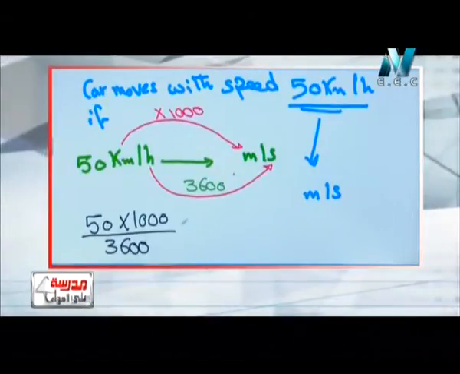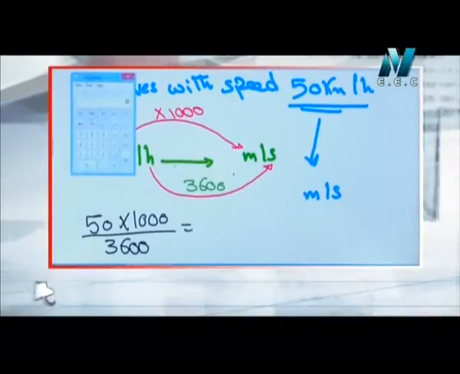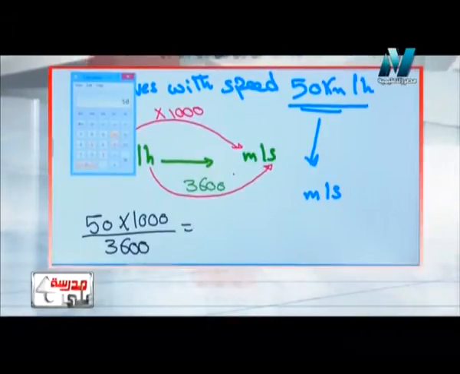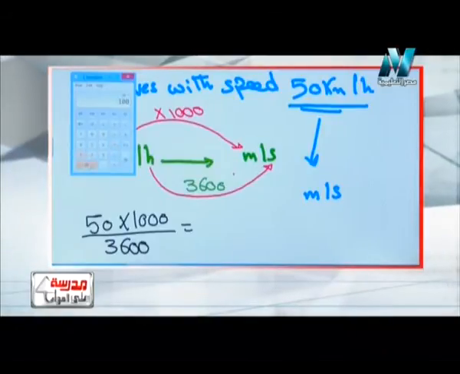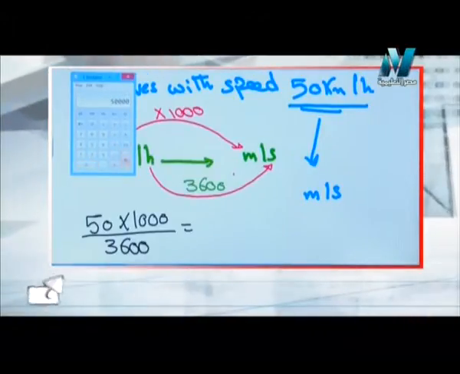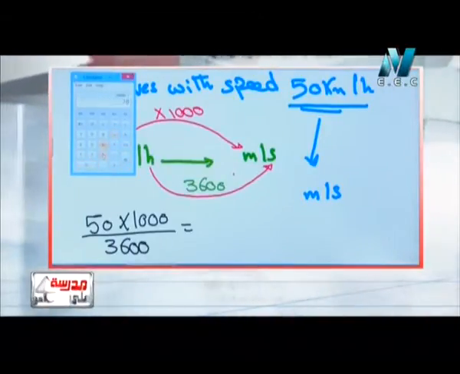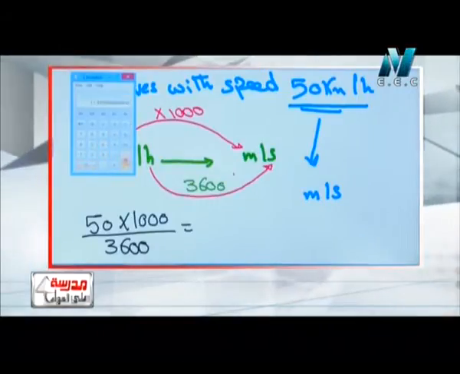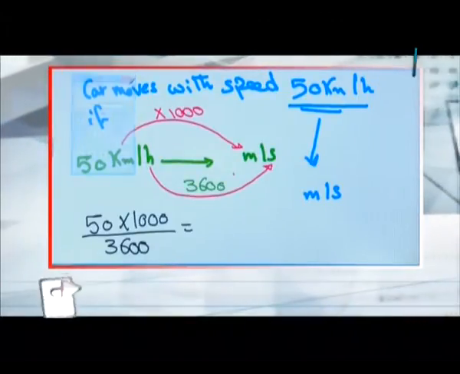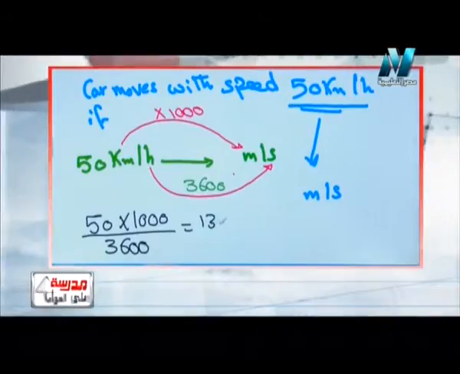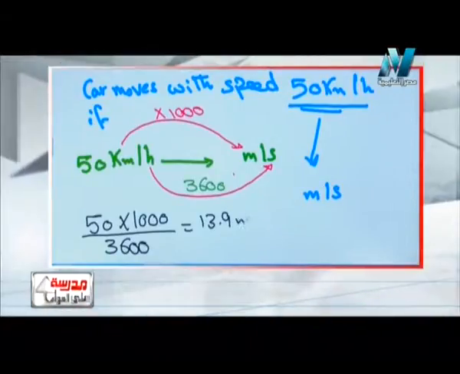By using the calculator, 50 times 1000 over 3600 equals 13.8, or 13.9, meter per second.